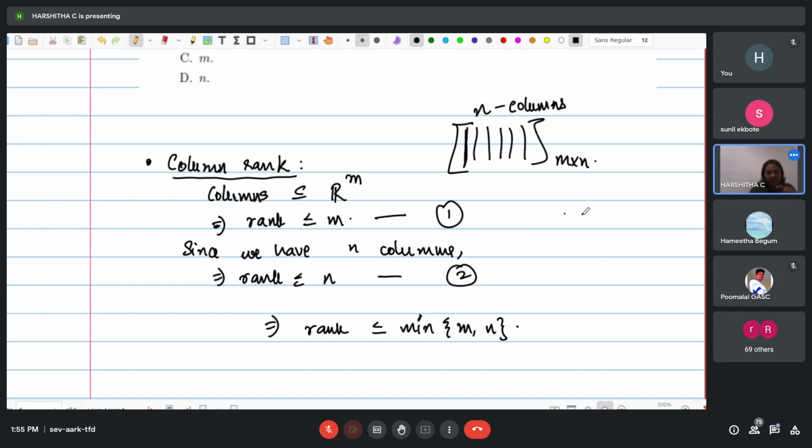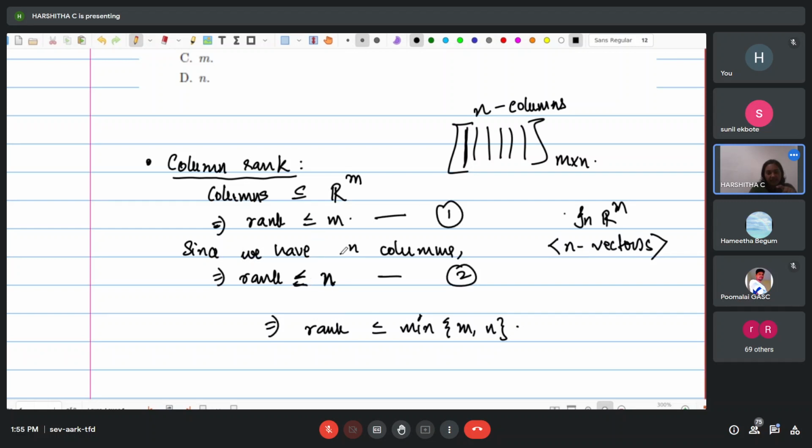So in Rm, you have a space generated by some n vectors. The dimension of this subspace will be less than or equal to n, since the number of generating vectors is always greater than or equal to the dimension. So from there we get rank is less than or equal to n.